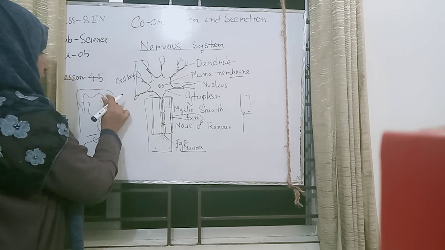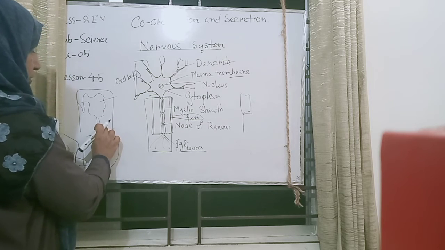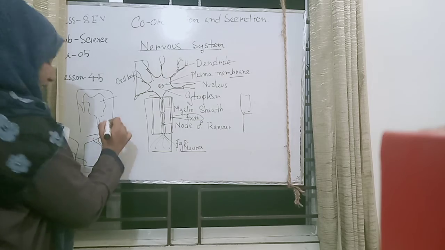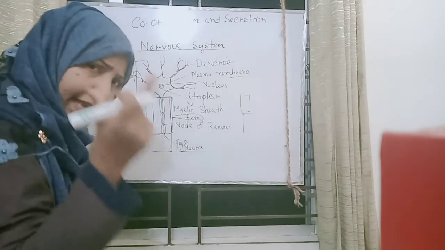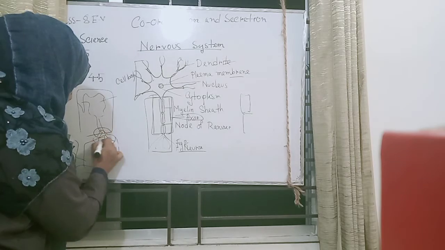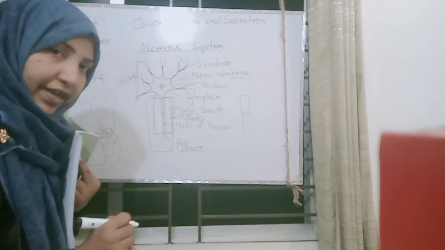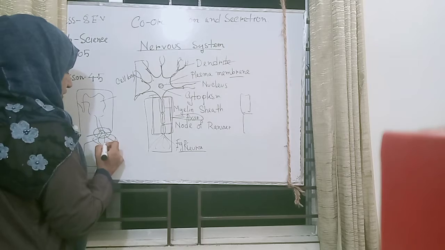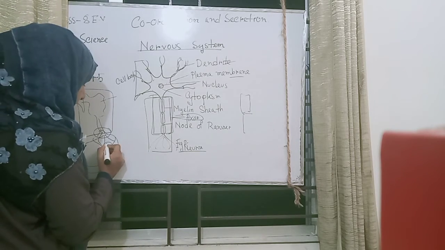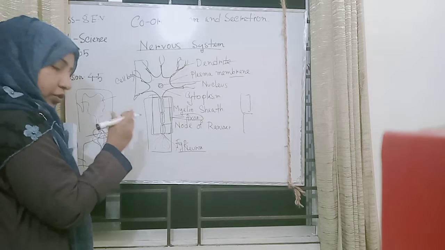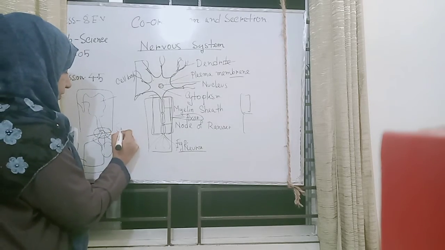These are the cell bodies and these are the processes. Here I mark the terminal branches of the axon. When the terminal of the axon meets another neuron's dendrites, the junction is called the synapse.